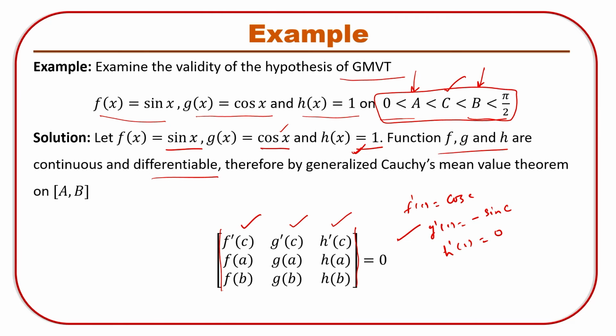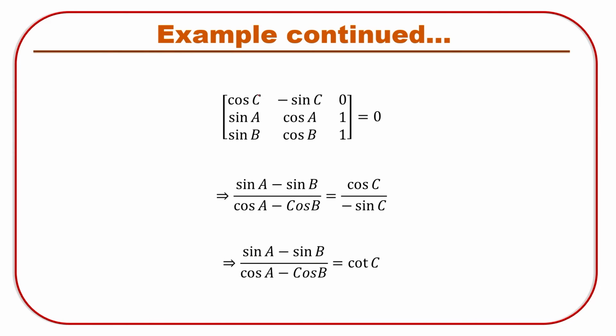So, putting these in, we get cos c, minus sin c, 0, and f(a) equal to sin a, f(b) equal to sin b, g(a) equal to cos a, g(b) equal to cos b, and h(a) equal to 1, h(b) equal to 1, and this is equal to 0, right?